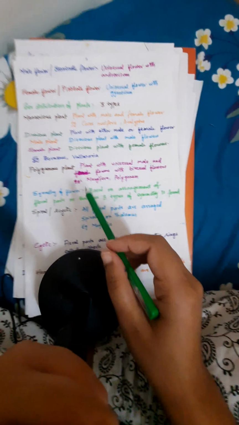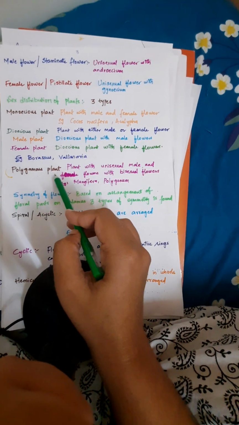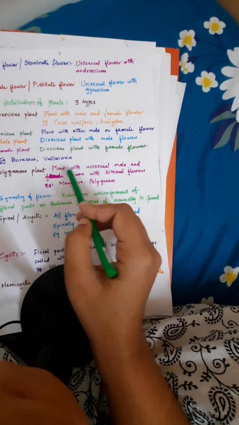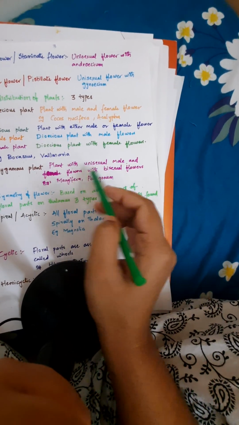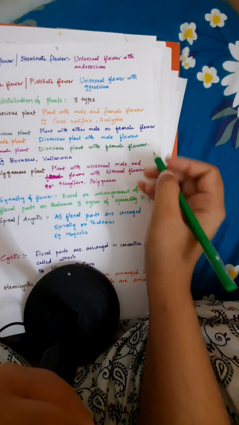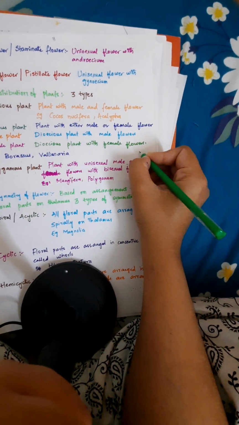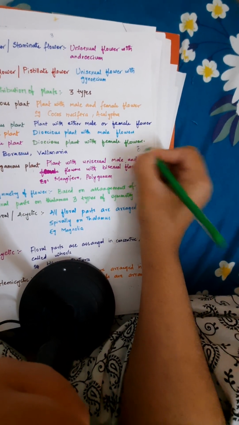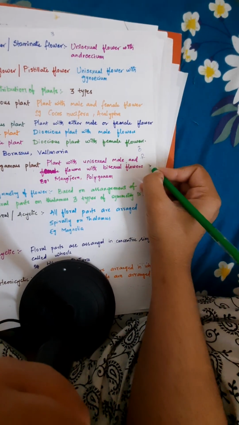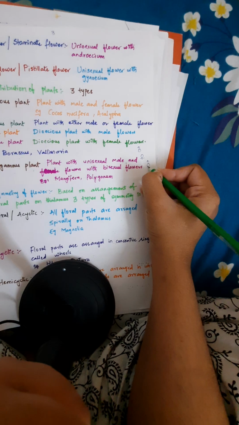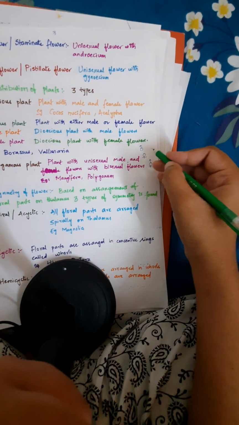Then polygamous plant. What is a polygamous plant? Plants with unisexual male and female flowers along with bisexual flowers. It has normal male flowers, some have only female flowers, and some flowers contain both male and female reproductive structures.